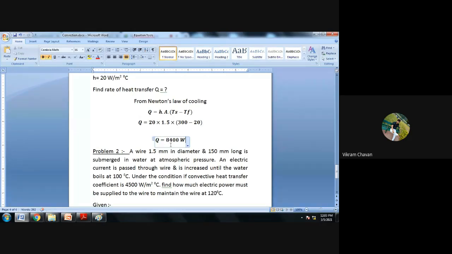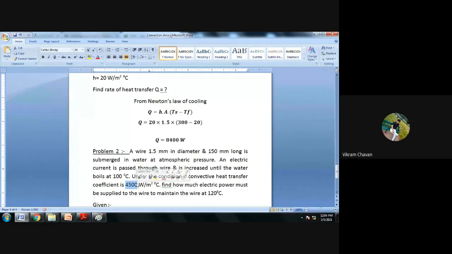So to determine the electric power, we need to determine the convective heat transfer rate from wire to water at this particular condition. What is the condition we have? The water temperature is 100 degrees Celsius and the wire temperature is 120 degrees Celsius. At this condition the heat transfer coefficient is 4500 watt per meter square degree Celsius.